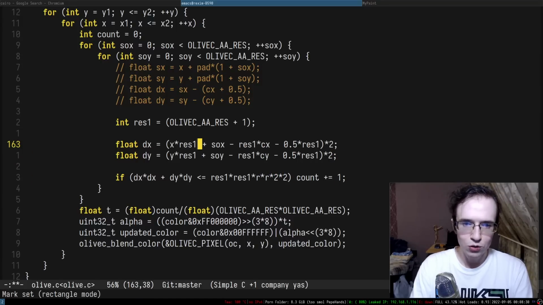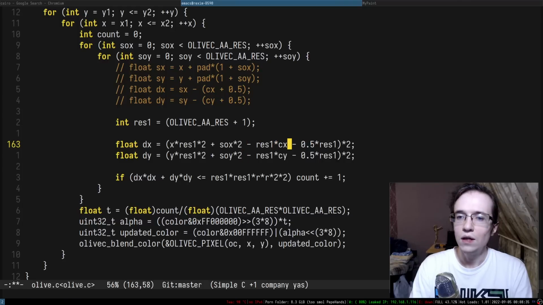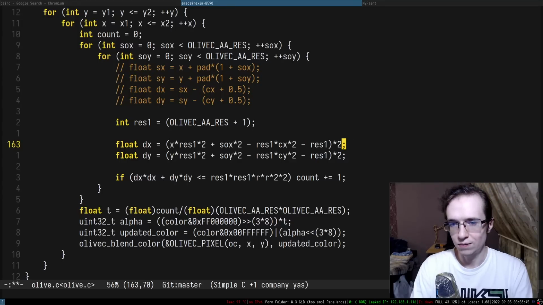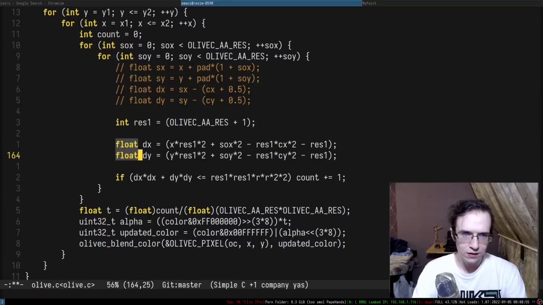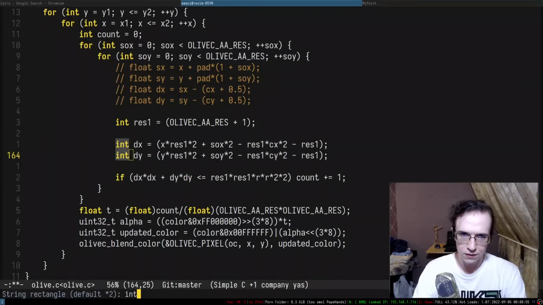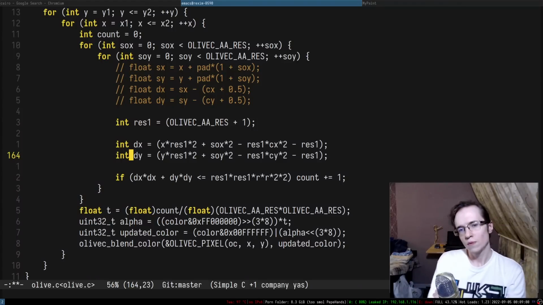Once we multiply this entire thing by 2, we have that, then of course we have that, but then effectively we get rid of that. And now we can quite confidently say that these things are integers, can't we?